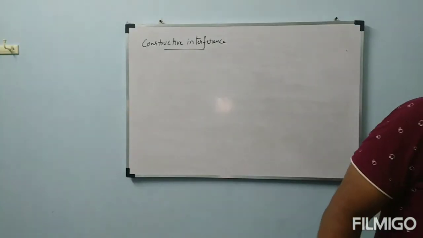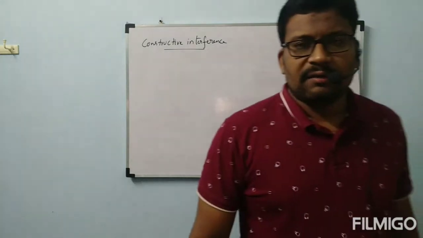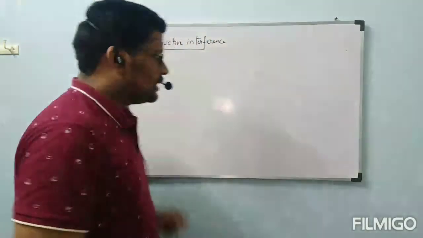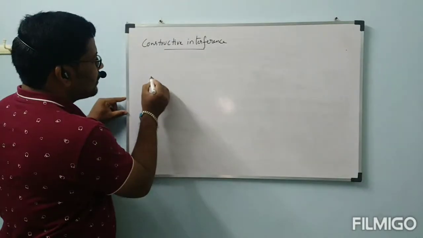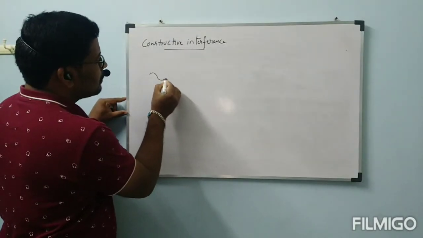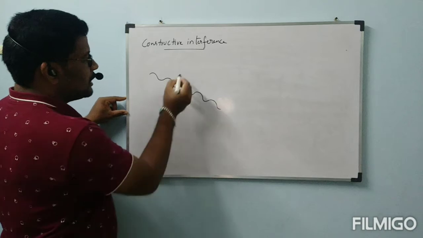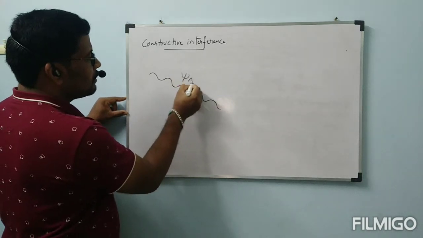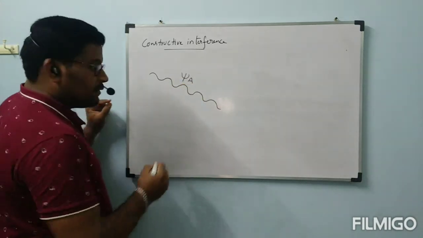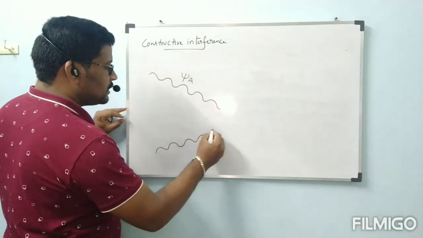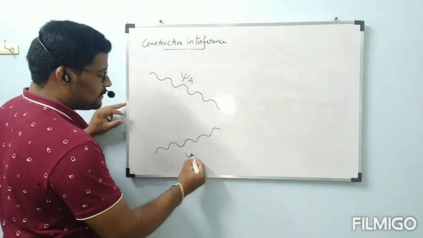If you take one wave, it is represented by psi A, and another wave is represented by psi B. Let us see once again. This is psi A. From this direction, another wave is coming like this. That is psi B.